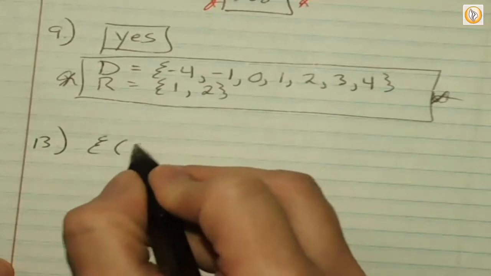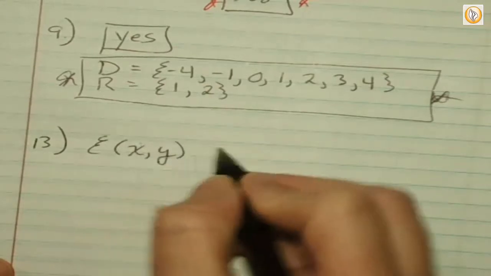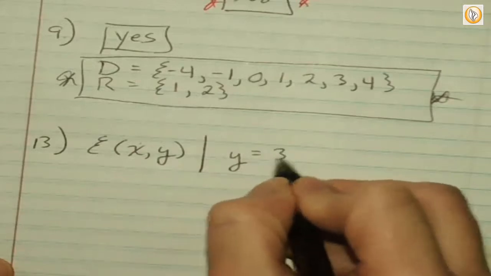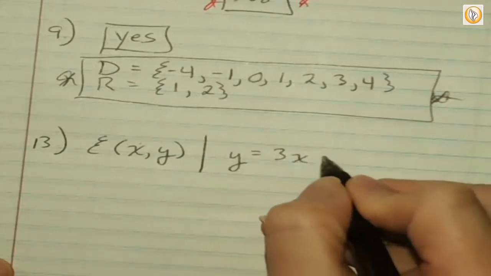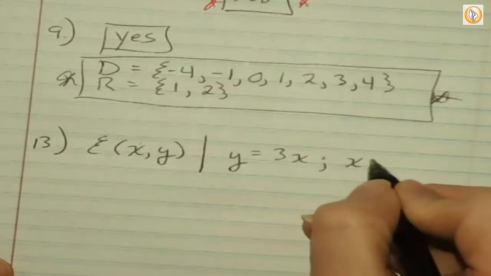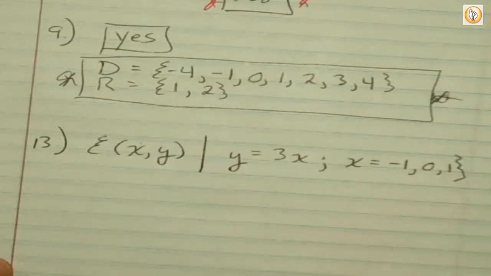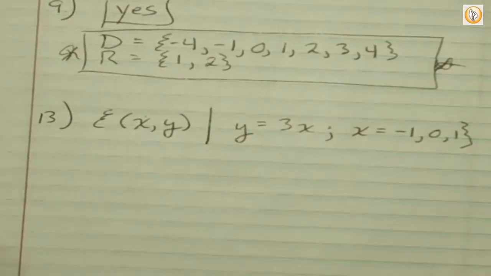They have x and y, that straight line. They give you the equation as y equals 3x, and they tell you that the domain is -1, 0, and 1. All right, so what do I do first, Valeria? What's my equation, by the way, Valeria?